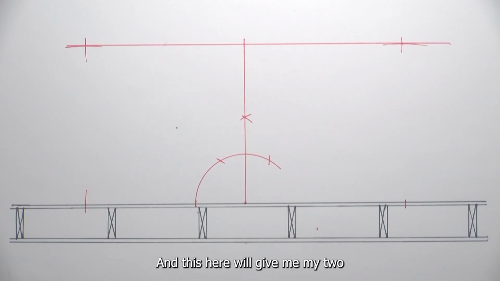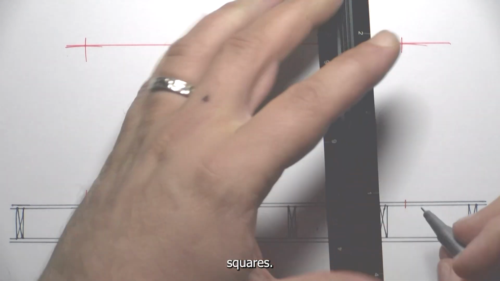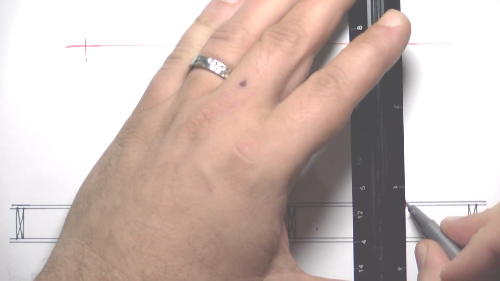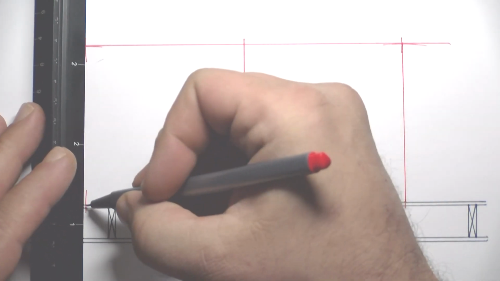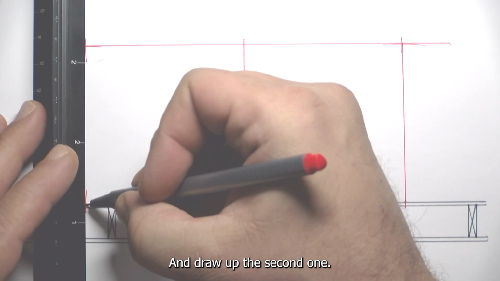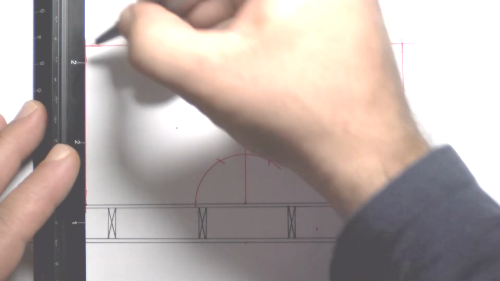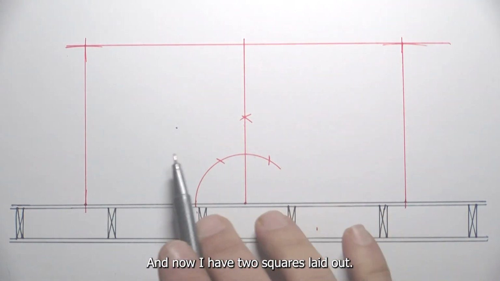And this here will give me my 2 squares. Draw up the second one. And now I have 2 squares laid out.